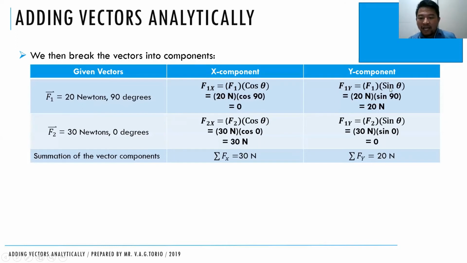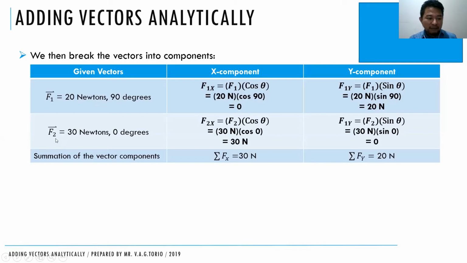And f sub 1 times sine theta for the y component. Again, we recall that in order to compute the y component, we need to multiply the magnitude of the given vector by the sine of the angle theta. And again, the angle theta is 90 degrees. So sine 90 is 1 times 20 newtons is 20 newtons.